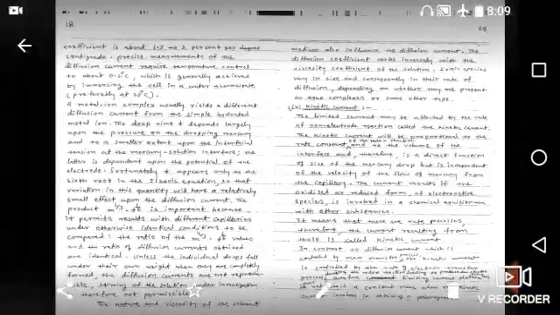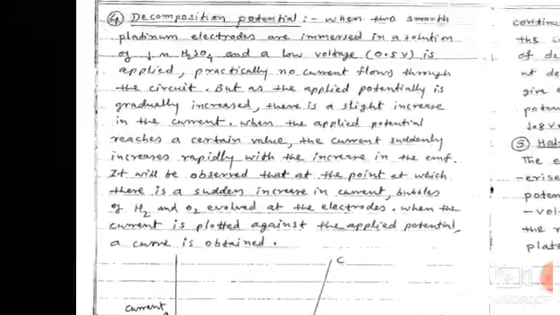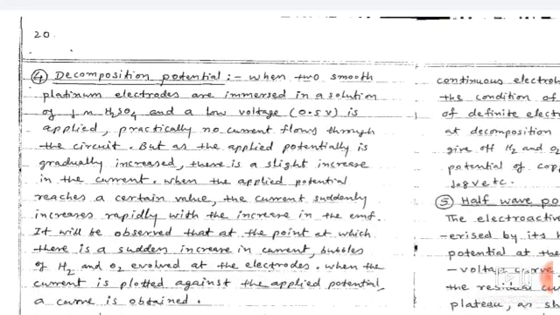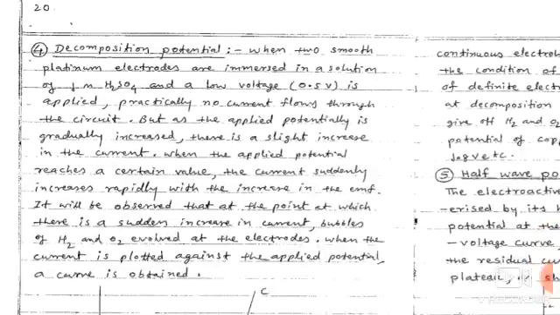There is a difficulty in getting the plateau. So this is about kinetic current. Kinetic current arises due to the oxidation and reduction process, where electrons take part in the redox process, and due to that it is difficult to get a constant limiting current plateau.